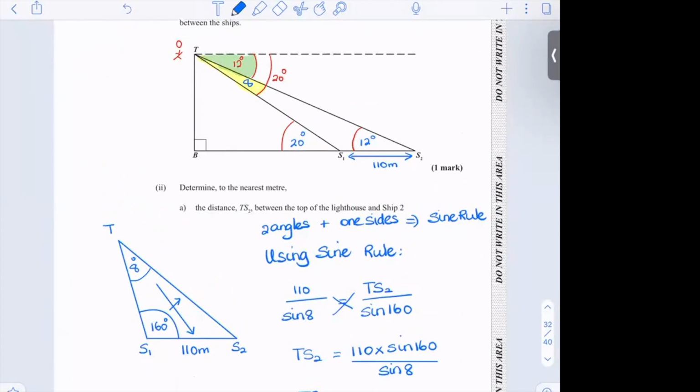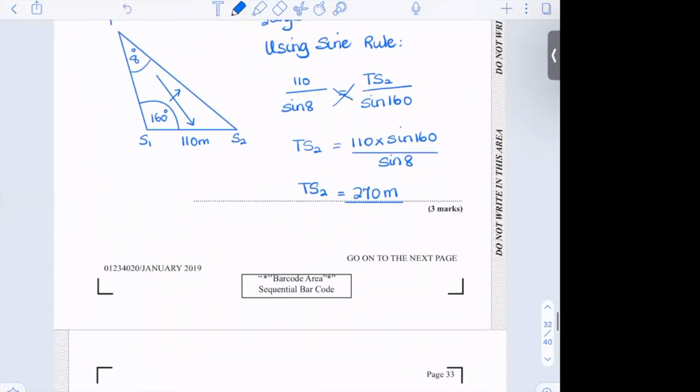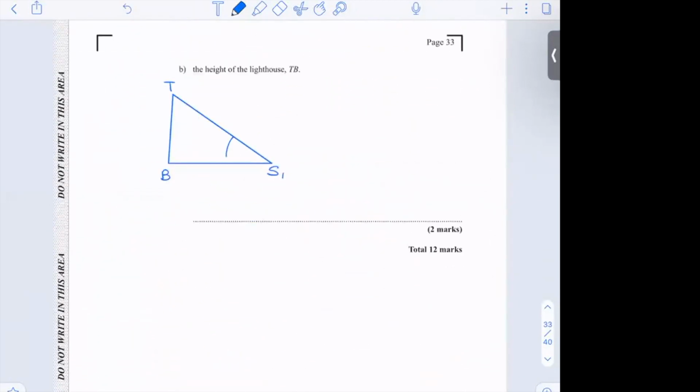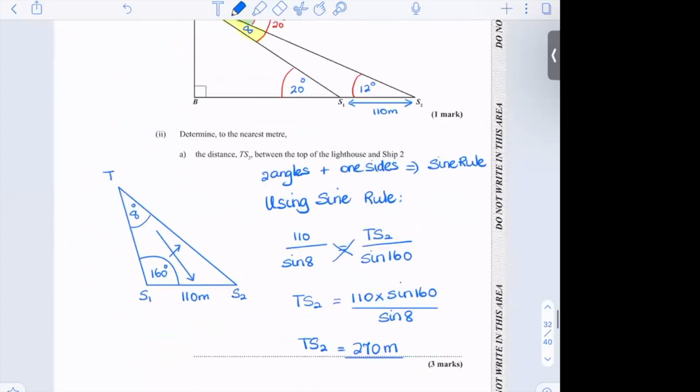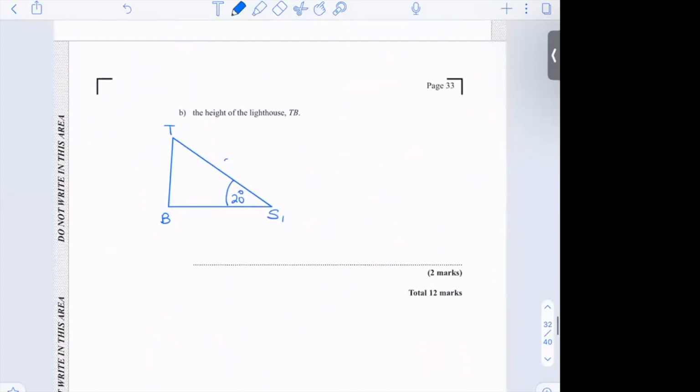This is DC. Here is 12. This is 20. And this here is 270. We want to find this side here.